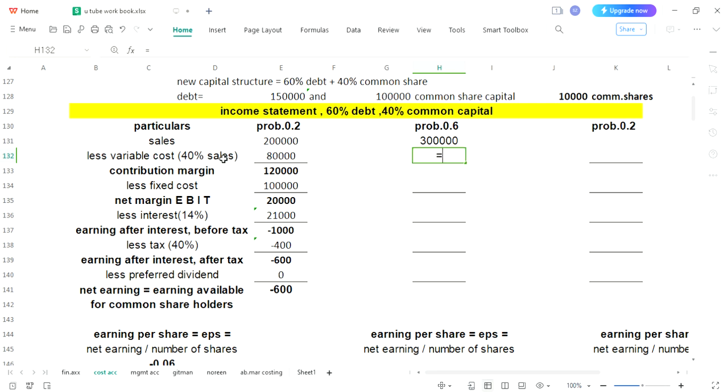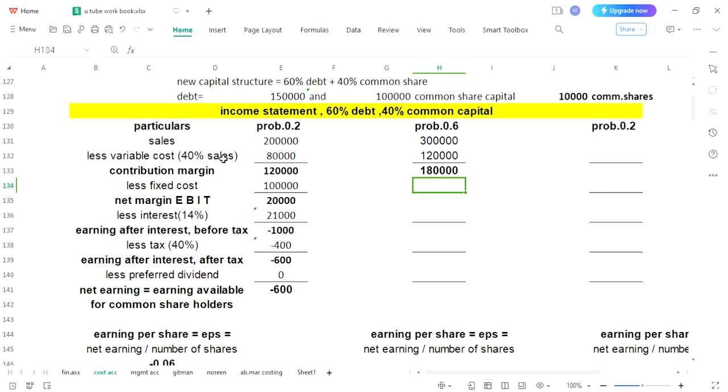The amount of sale is 3 lakh, and you will calculate its 40%. We have got our variable cost, after which contribution margin is open to calculate by subtracting variable cost from sales. The amount of sale here is 3 lakh, and you will subtract variable cost, which is 1,20,000. So we have got our contribution margin.